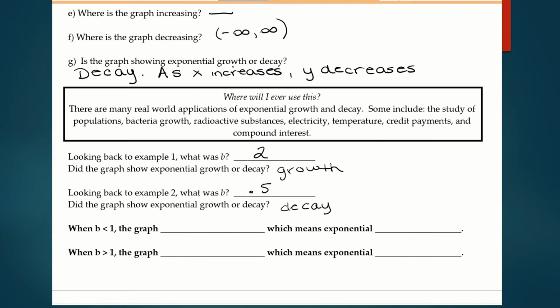All right, so let's come up with a rule here. When b is less than 1, the graph decreases. So less than 1 is looking at example 2. All right, so we notice that when the b value is less than 1, our graph decreases.